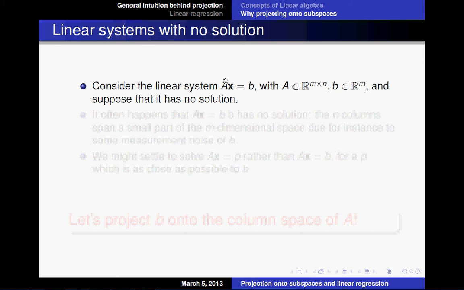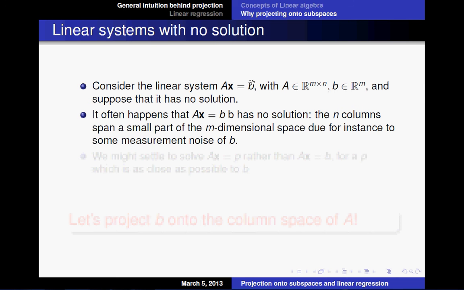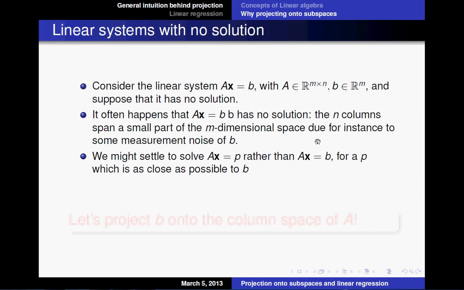Okay, we could either stop, or find a solution not to this system, but to an alternative system, which is defined as the previous one, except for the right-hand term, which is replaced with another right-hand term. So we might settle to solve Ax equal p rather than Ax equal b, for a p which is as close as possible to b.